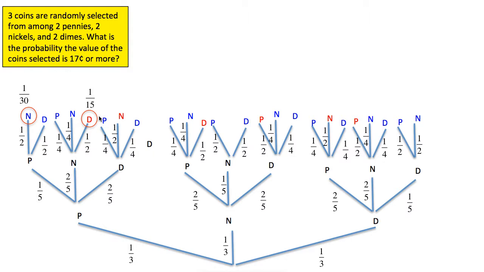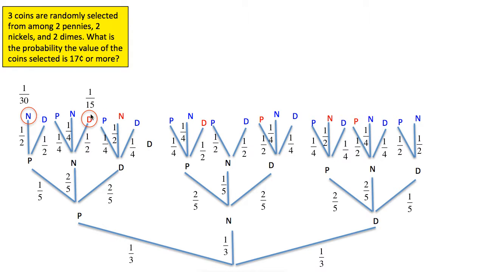But notice that sometimes you get a 1/15 probability. In this case, for instance, penny, nickel, dime, the probabilities on the branches are 1/3, 2/5, and 1/2, and those probabilities multiply out to 1/15.